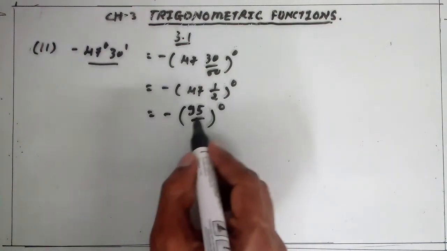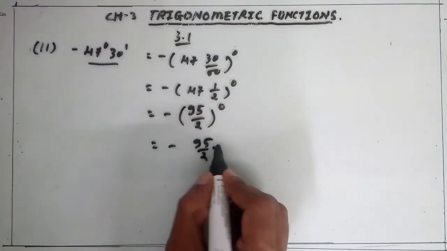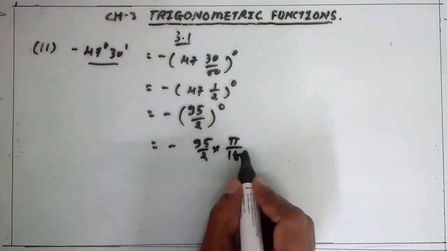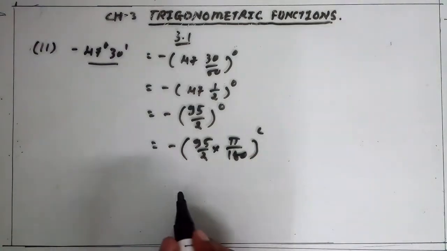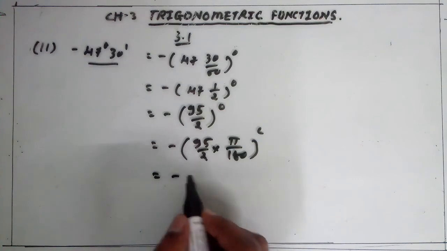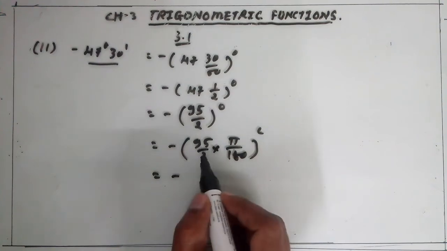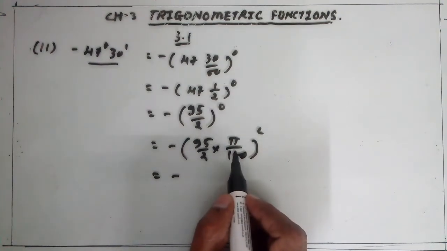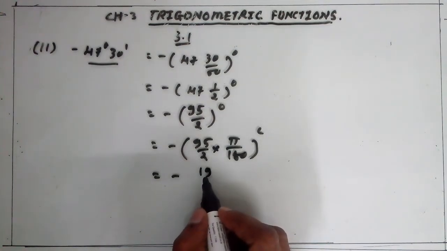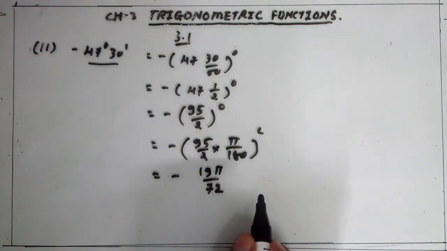Now change this degree into radian form. We get 95 upon 2 into, for radian form, multiply by pi divided by 180. Clear? Degree changes to radian. Now simplification, minus, here 95 upon 2 into 180. After simplification we get 19 pi upon 72.